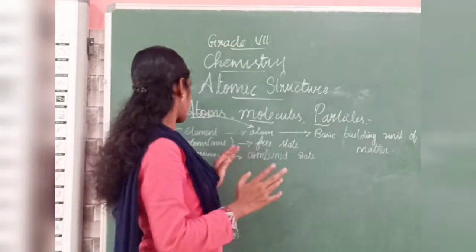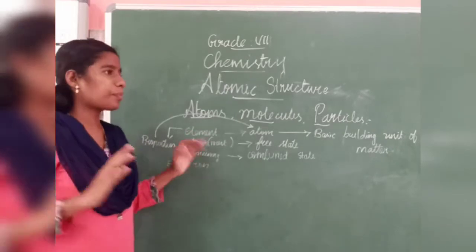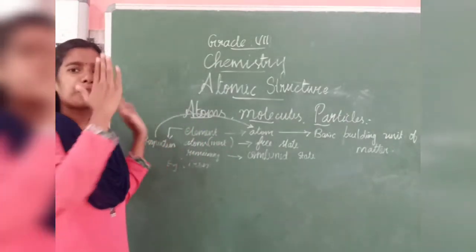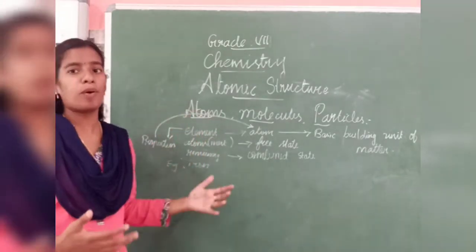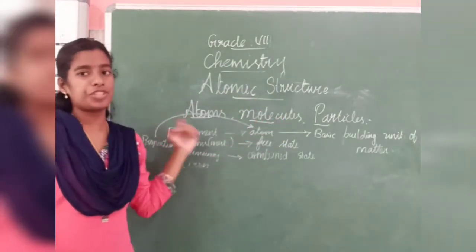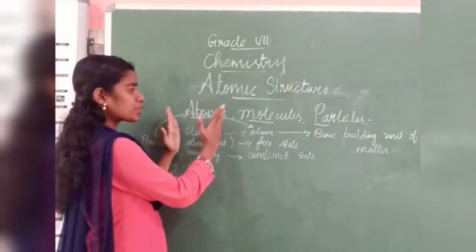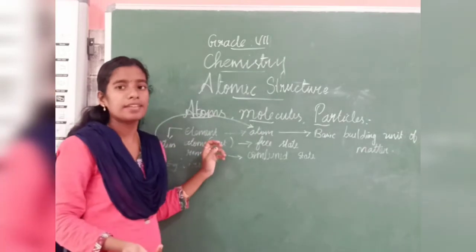Now, when you consider the properties of an element, the properties of that particular element purely depend upon the properties of the atom by which it is made up. Why?